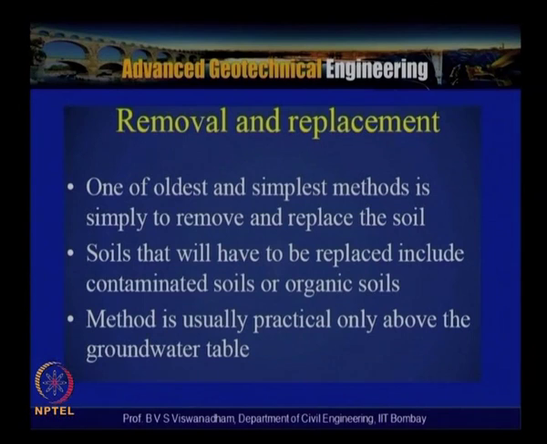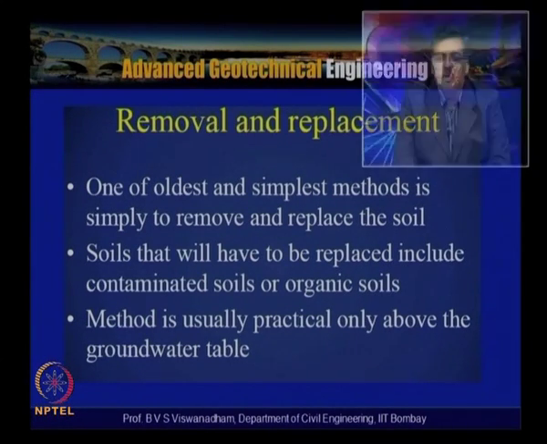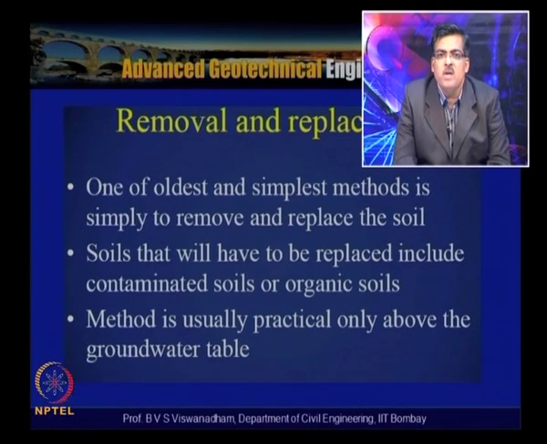Before the discussion of any method, the first and foremost method is removal and replacement of a problematic soil. One of the oldest and simplest methods is to simply remove and replace the soil. Soils that will have to be replaced include contaminated soils, organic soils, or marshy soils.